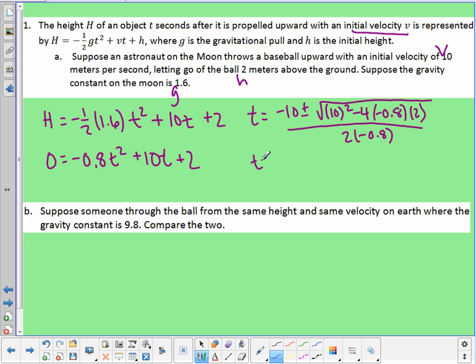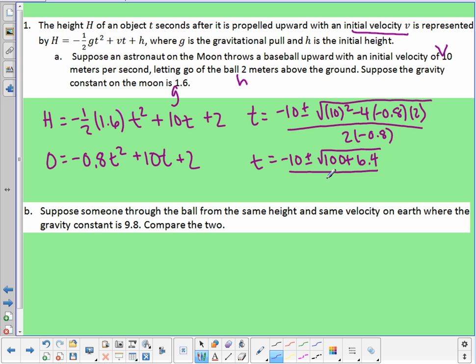Then I need to go through and simplify. We want to simplify underneath the radical first. So I have negative 10 plus or minus the square root of 100, because I know 10 squared. And when I plug in negative 4 times negative 0.8 times 2 into my calculator, I end up getting 6.4. That's positive because I've got negative times negative, which gives me a positive.